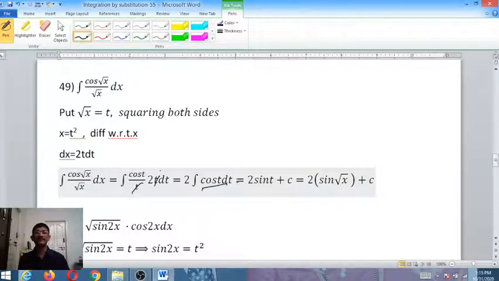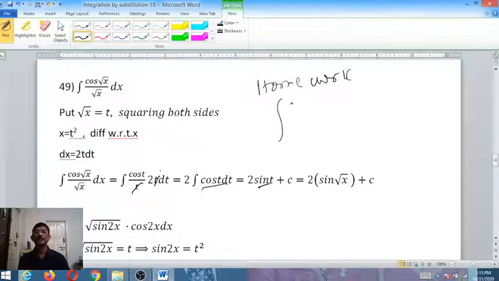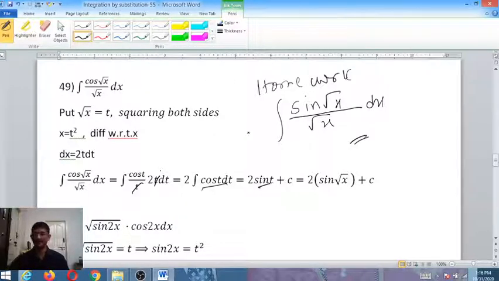What is the integration of cos t? Sin t plus c. So 2 into sin t, where t is root x. Homework here: integral of sin root x divided by root x dx. This is homework, very similar to this problem.